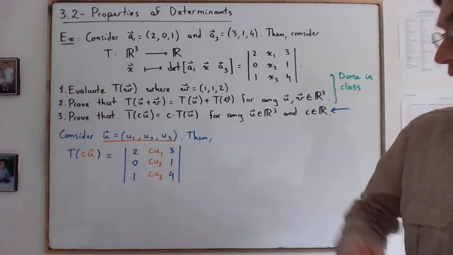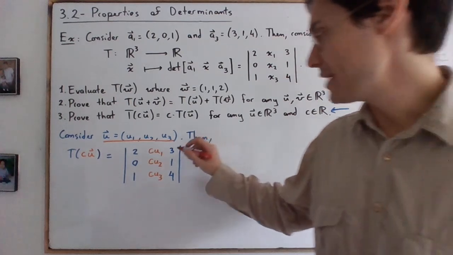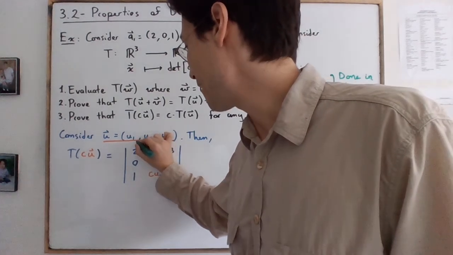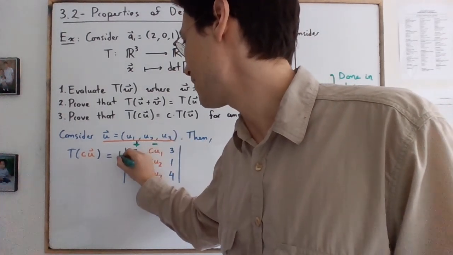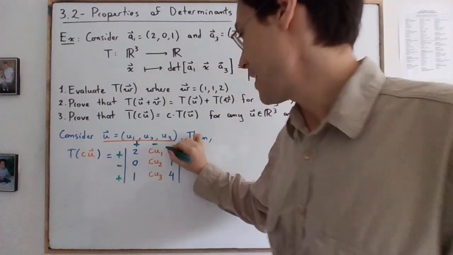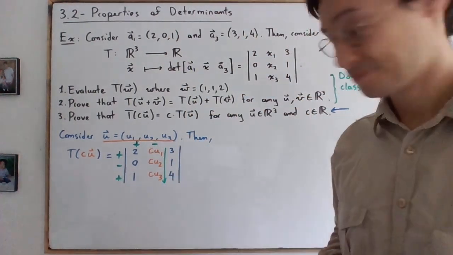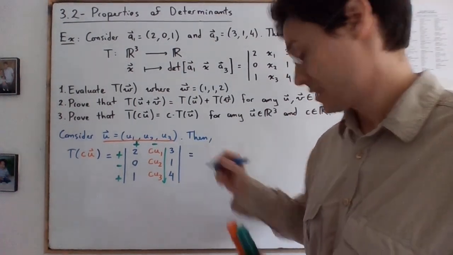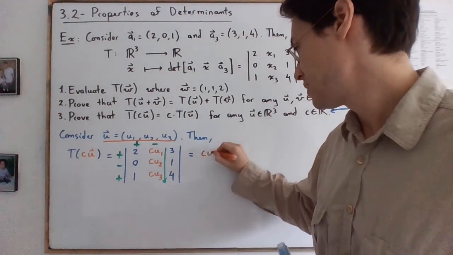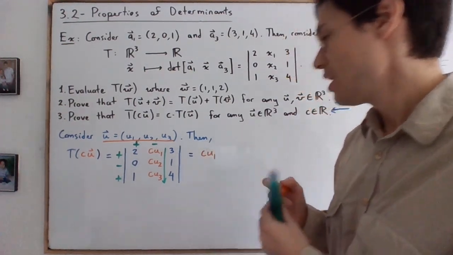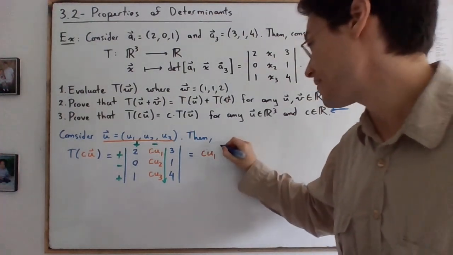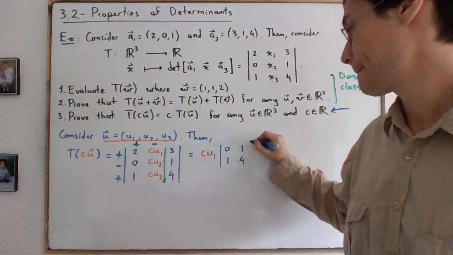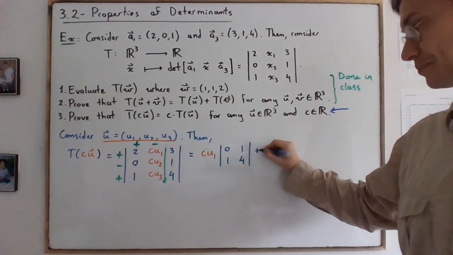Let's write that as well. I'm going to take green. Remember cofactor expansion: you have plus minus, and here you have plus minus plus, and you're going down the second column. So you're going to have cu1 times the determinant of 0, 1, 1, 4.